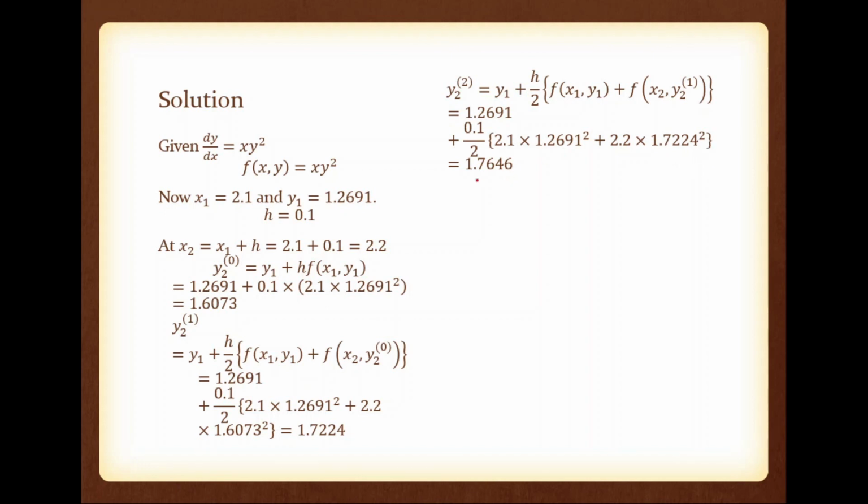So the answer is 1.7646. So you can see that y2 of 2 and y2 of 1 are not equal, so we have to continue it. So what is y2 of 3?